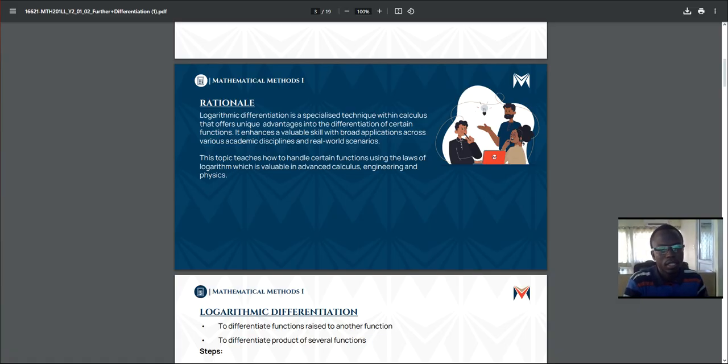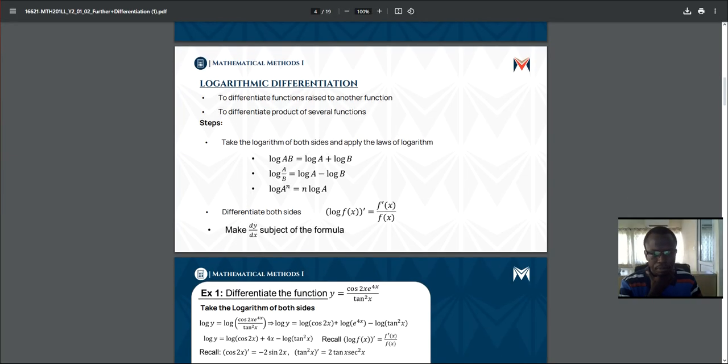It allows you to differentiate certain functions. This topic teaches us how to handle certain functions using the laws of logarithms, which is valuable in advanced engineering and physics.